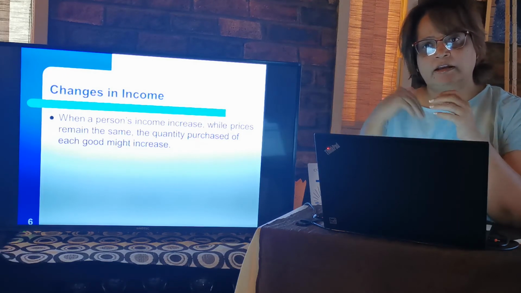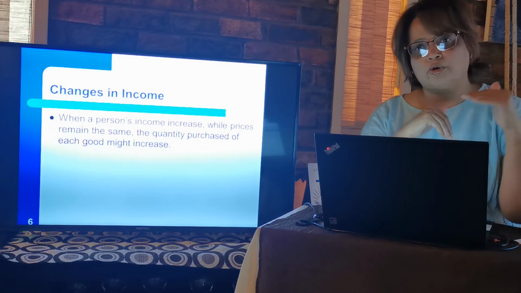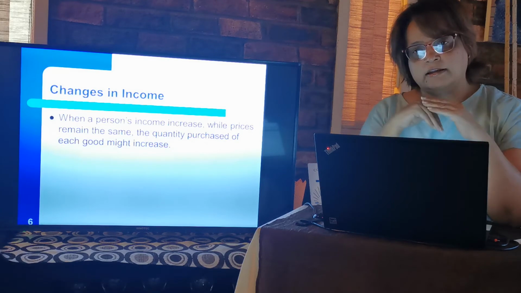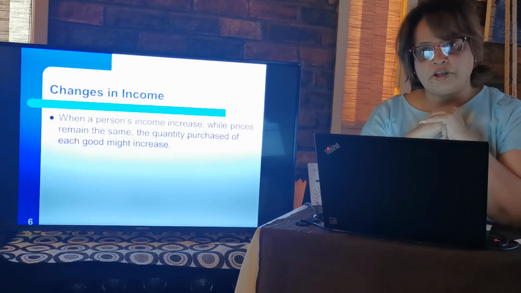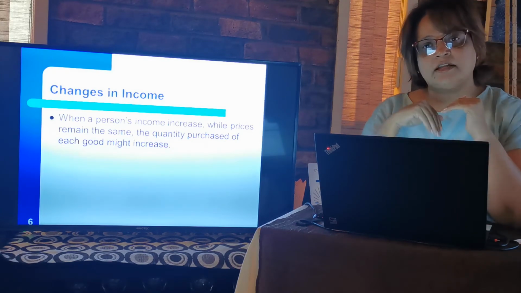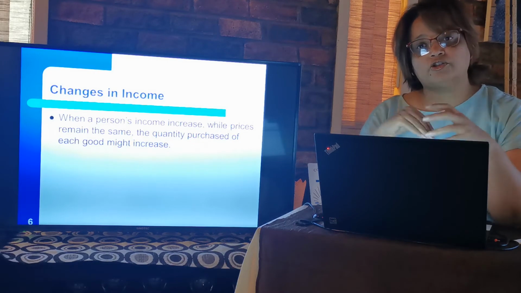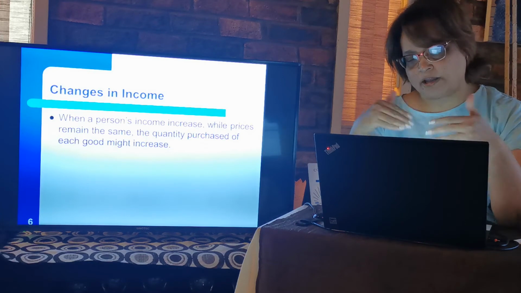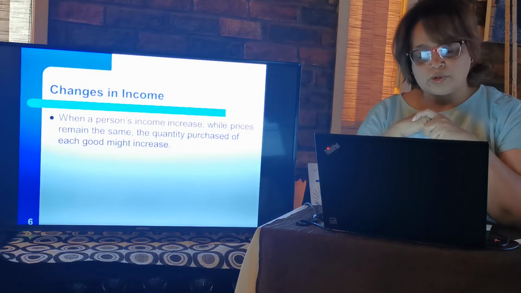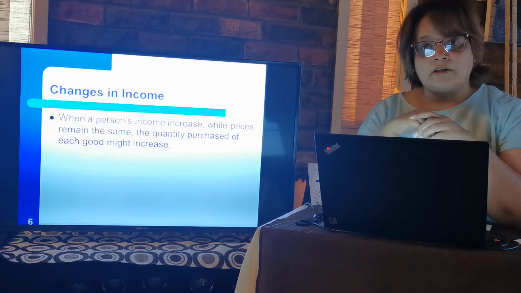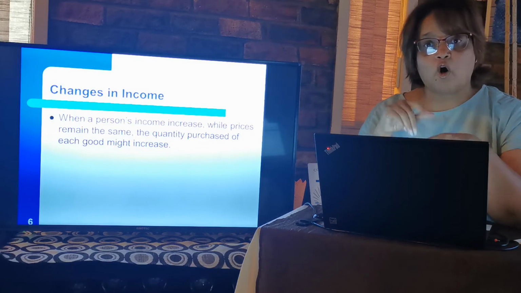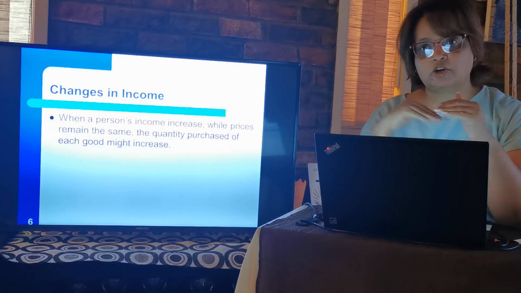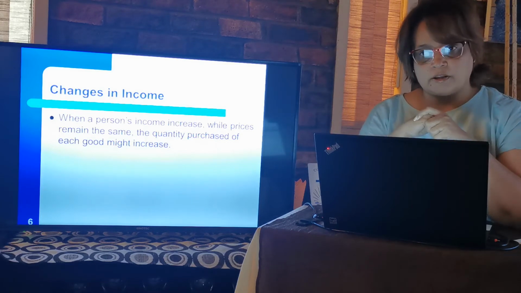But if your income increases, the 5 cups go to 8 cups, but staying at 3 Rand a cup. So as the income increases, so does the demand, or the number of cups that you would buy. So we would say that for a normal good, as income increases, so your demand for the product increases.